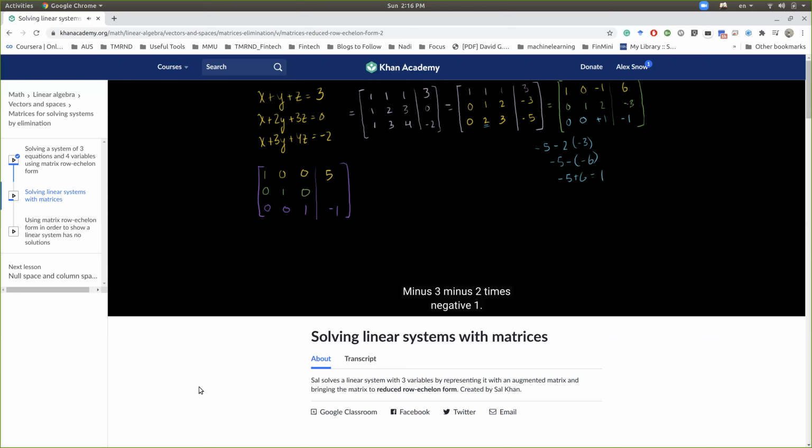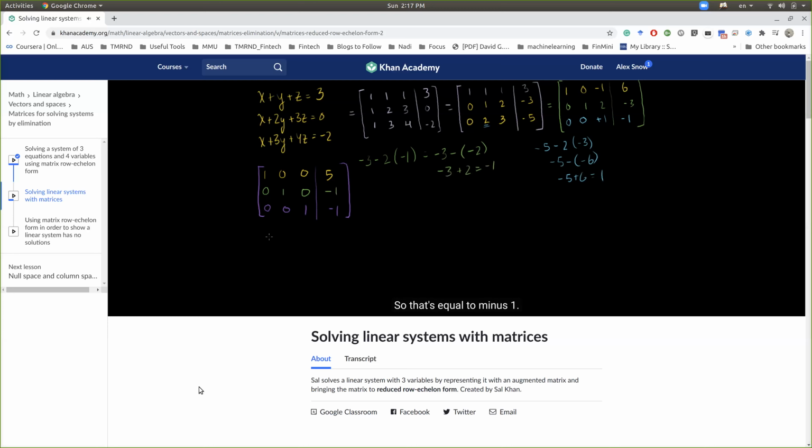Minus 3 minus 2 times negative 1. Let me write that down. Minus 3 minus 2 times minus 1. Don't want to make a careless mistake. So what is that equal to? This is equal to minus 3 plus 2, which is equal to minus 1.